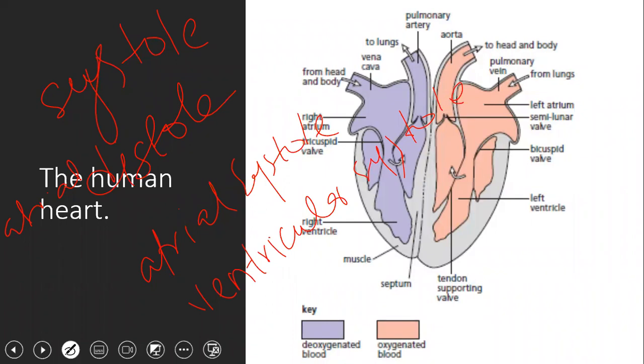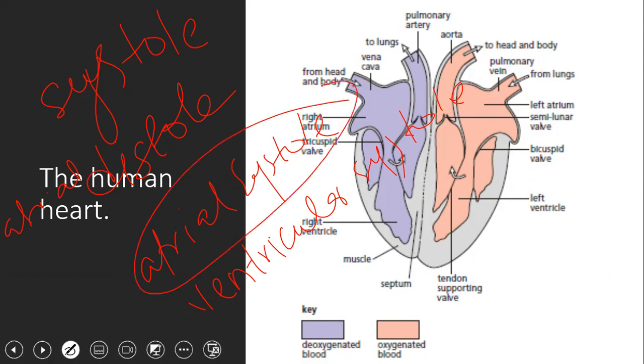So going over it again, the blood enters into the right atrium and the left atrium. Both sides are working at the same time. When blood enters the right atrium and the left atrium, both atria are going to contract simultaneously.